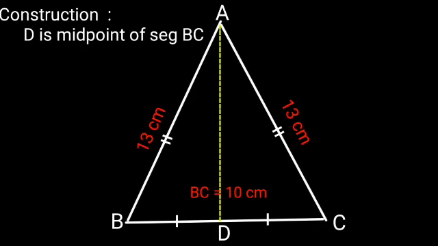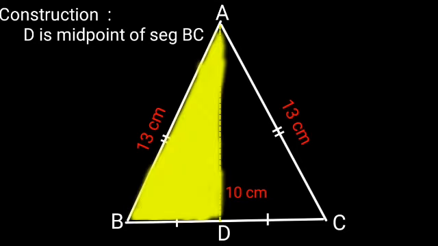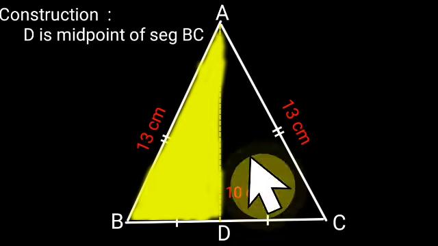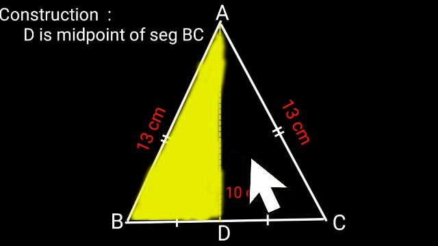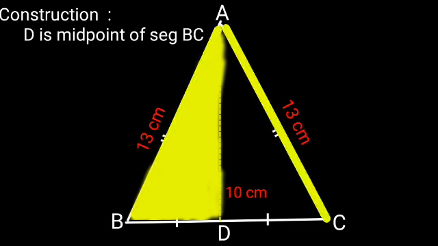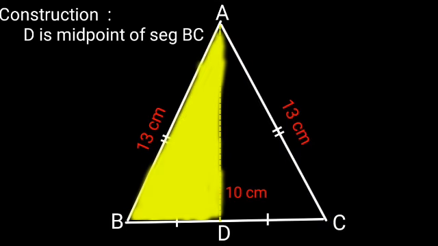We construct here D as the midpoint of BC. Hence, segment AD is the median of this triangle ABC. In triangle ADB and triangle ADC, segment AB is congruent to segment AC, as given.